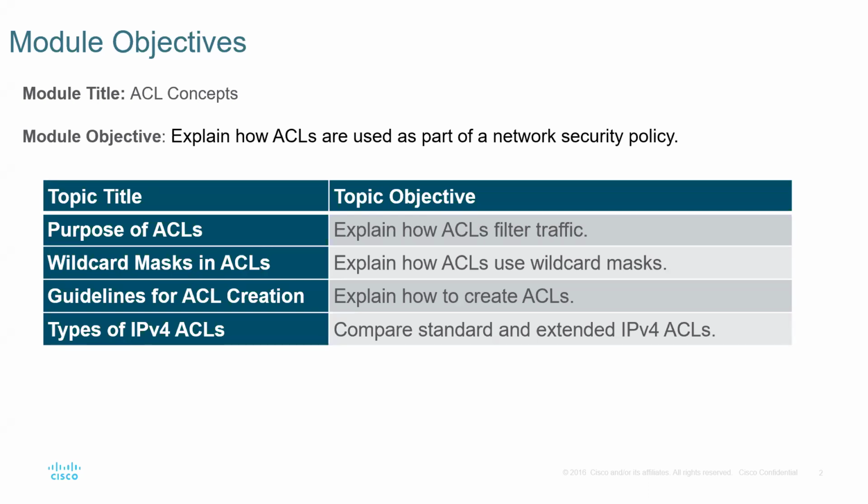By definition, an ACL is a set of commands or a set of rules that can be used to restrict, that is, deny traffic entry into a network, or allow it entry into a network. Basically, that's what an ACL is.